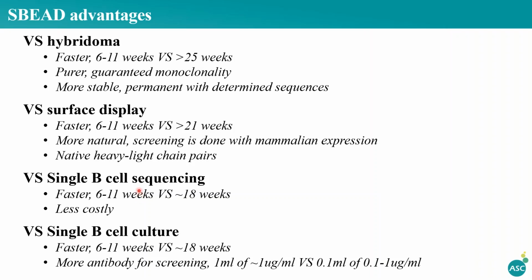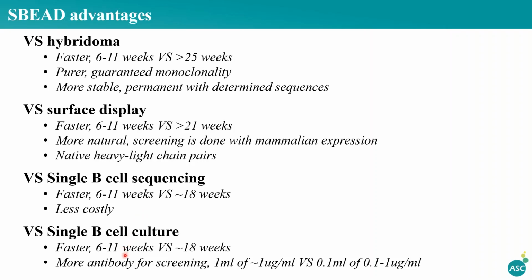It takes about 1 week less, and it does not require a special automated instrument, so it's less costly. It's actually also less labor intensive because it does not involve the cloning of many synthesized DNA into the expression vector. Compared to the single B cell culture method, speed is also faster.